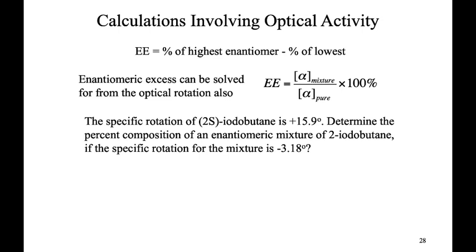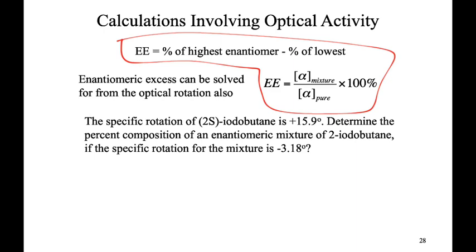Okay, you're looking at that enantiomeric excess. You're looking at these two equations and setting those up. Number one, you'll get an enantiomeric excess by comparing these two values. You do have to be a little bit careful with those, mixture versus pure, to ensure you're looking at the right one. Okay? You then also have this percent of highest versus lowest.